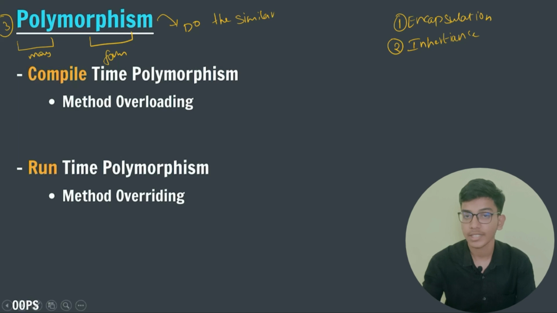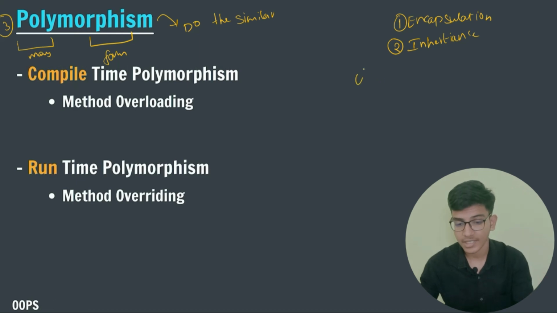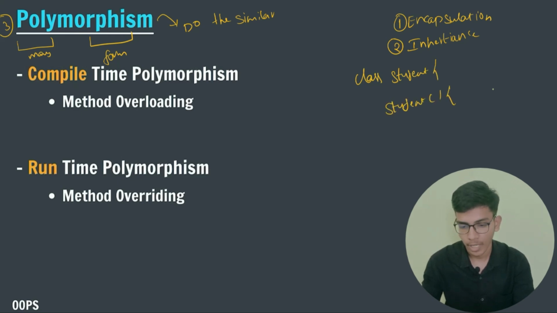Suppose in the previous example we built a constructor. Let us consider that this is my student class. In this I am defining a student constructor without parameter first of all, and I am doing some work here. After that I am defining another constructor with parameter.